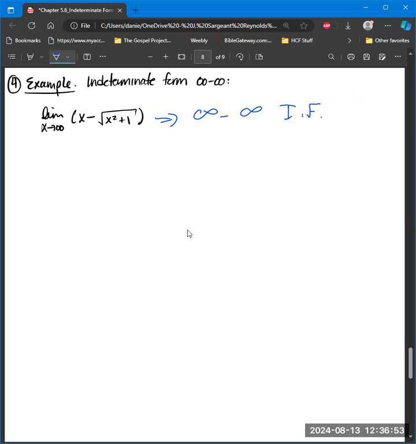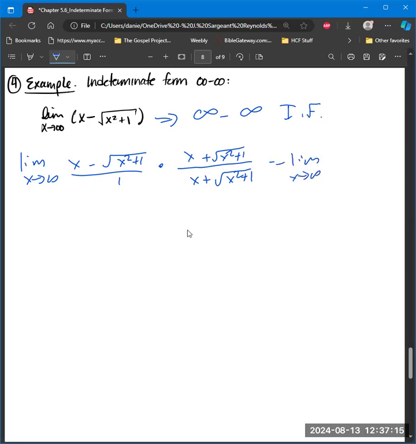So let's go ahead and try and rationalize the numerator, just like we did with difference quotients sometimes. We'll put this over 1, multiplied by x plus the square root of x squared plus 1 over x plus the square root of x squared plus 1, and say that's the limit as x goes to infinity. x times x is x squared minus x squared plus 1, over x plus root x squared plus 1.